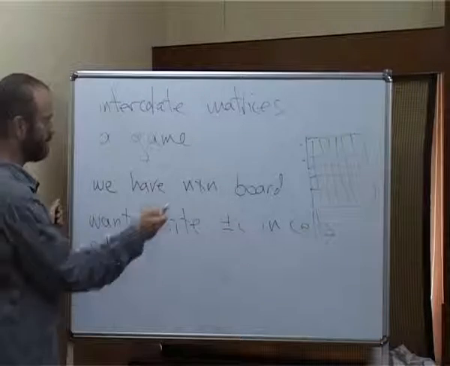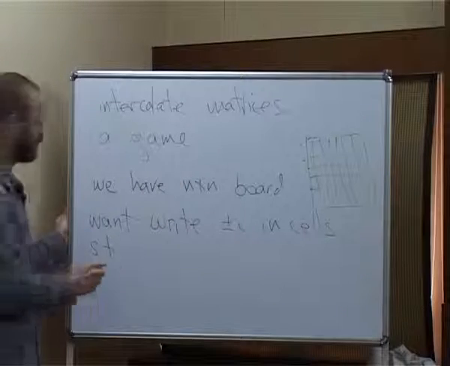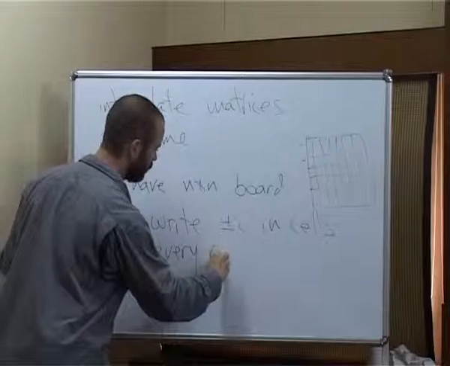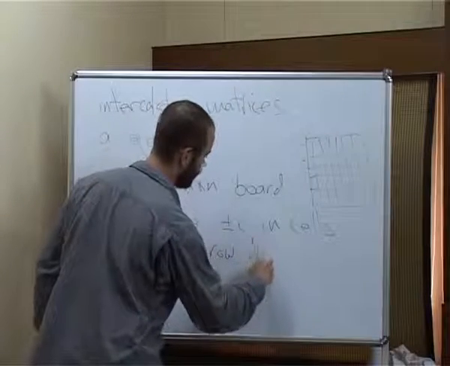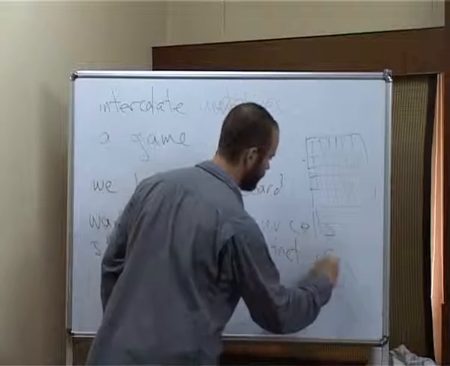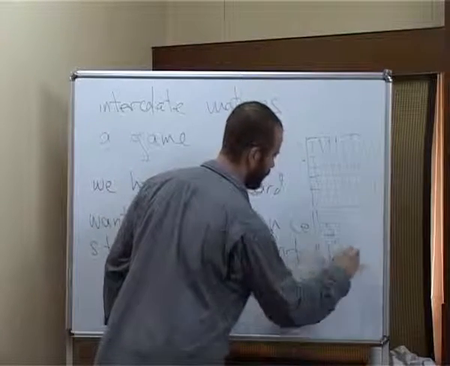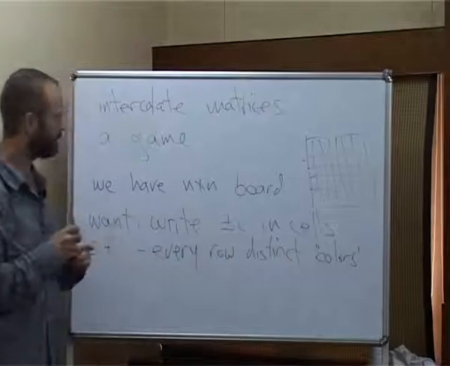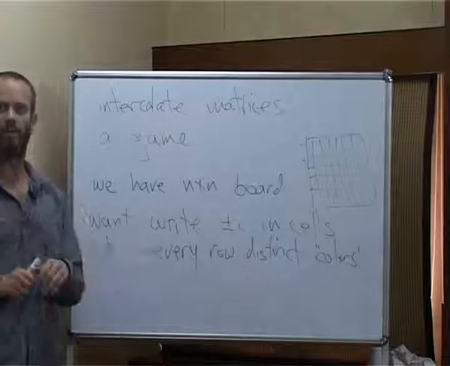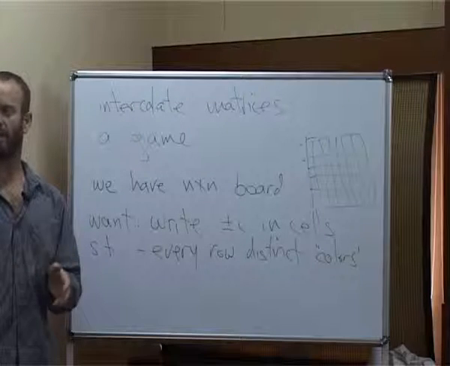Such that first, the whole thing is a Latin square. So every row has distinct colors. Colors is what happens if I ignore the sign. i can be either plus or minus, but always it has color i.